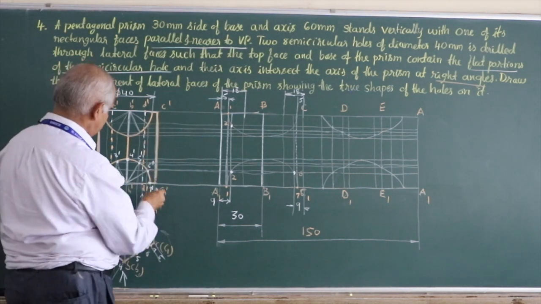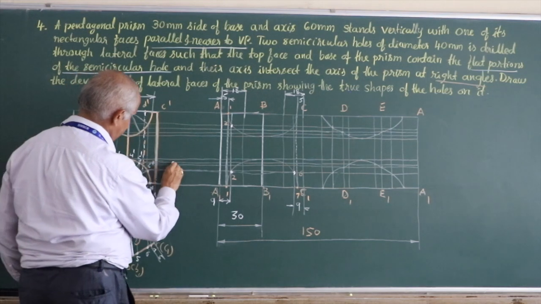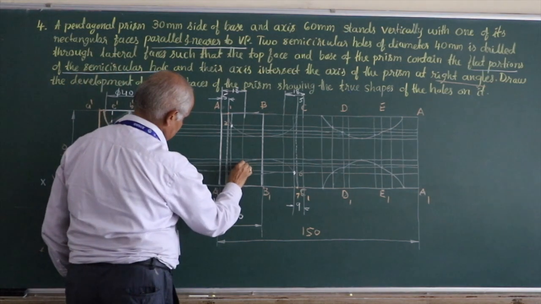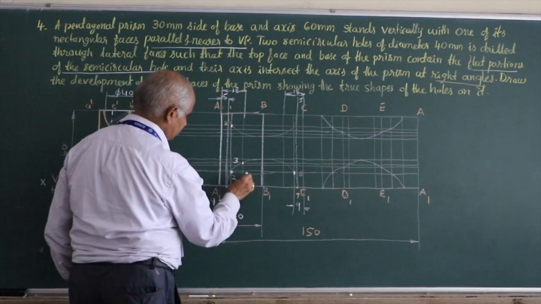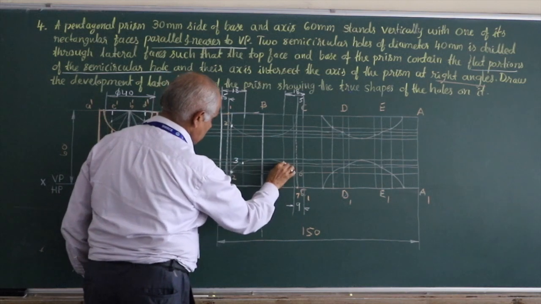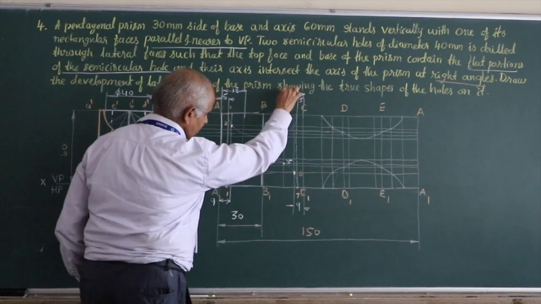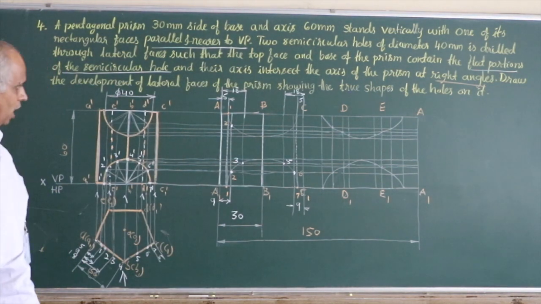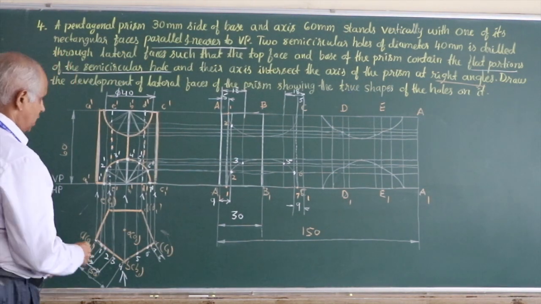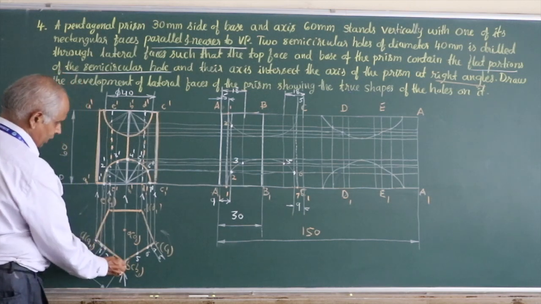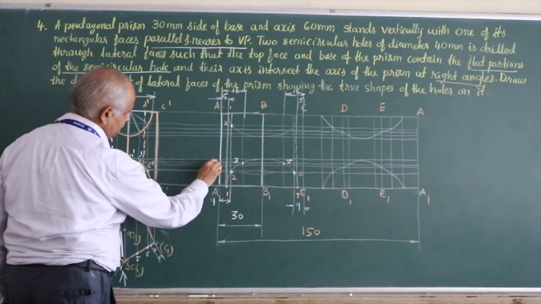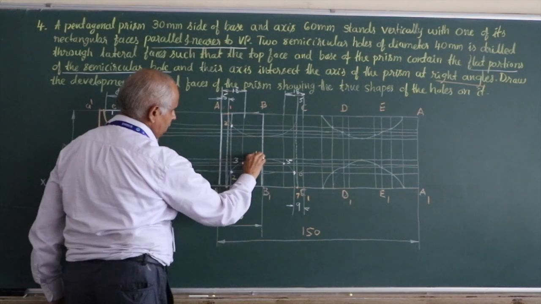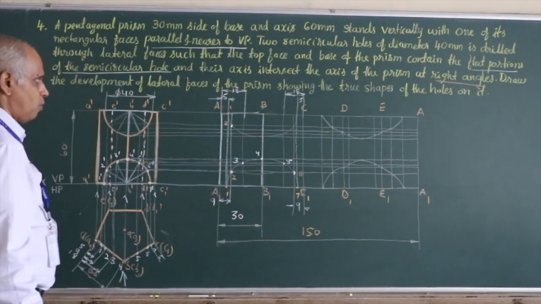So locate on this projector from 3, I get 3, and if I continue here, I get 5 here on this 18 mm distance line. So I've got 1, 2, 3, 5, 6, and now 4 is on vertical edge BB. So directly transfer this onto vertical edge. That way you have located all the points.